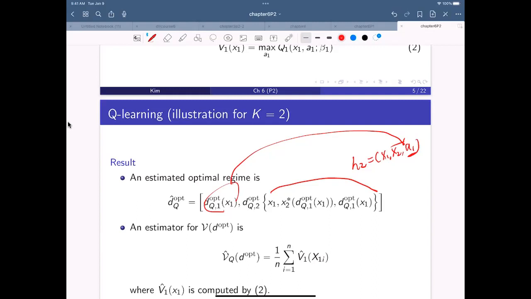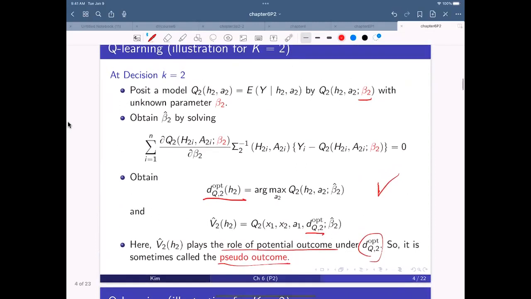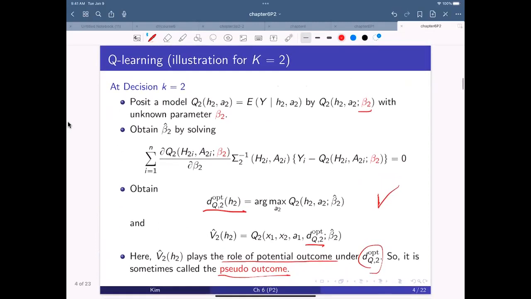So now forward, right? When we choose this optimal decision, it is backward, but it is conditional on the history, so this is for any choice.